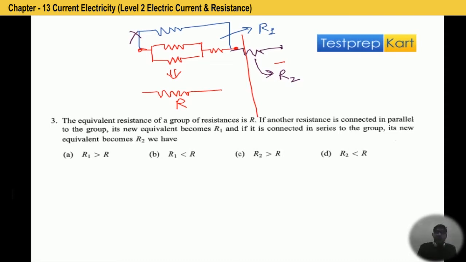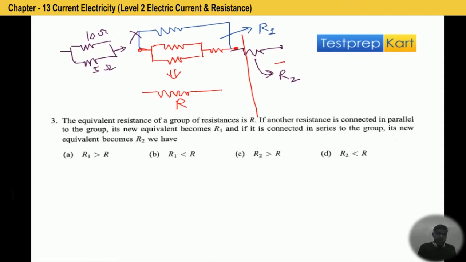Whenever we connect resistances in parallel, the net resistance will always be less than the total resistance involved in the circuit. Let me show you an example. Suppose there is a 10 ohm resistance and another 5 ohm resistance.